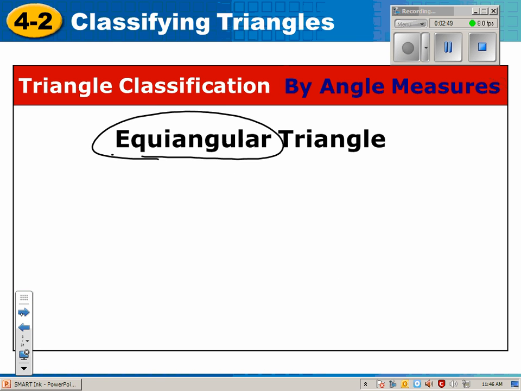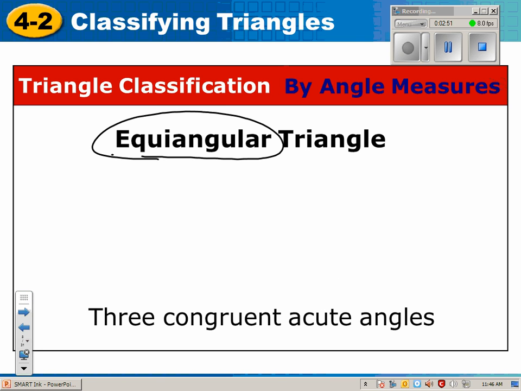So if it's equiangular, do you know what the measure of each of those angles would have to be? 60. So are they all acute? Yes. So it is acute, but if I ask you to classify the triangle, I'm looking for the most precise name. So this is an acute triangle, but I want it to be most precise, so we would say equiangular.